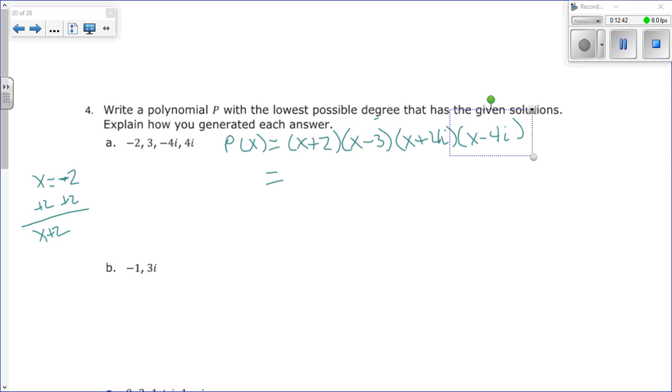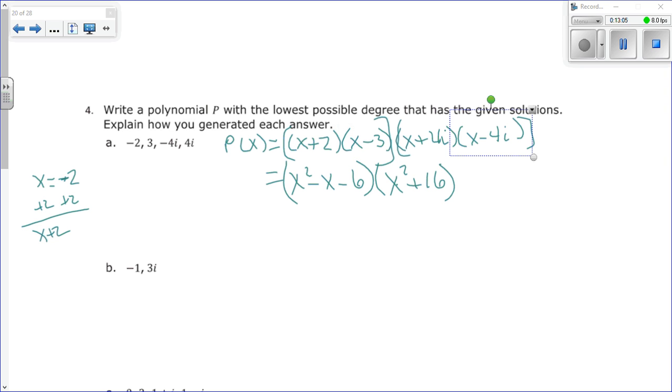So we're going to have to do a little bit of multiplying here. I'm just going to multiply these 2 together and then these 2 together, the real ones and the imaginary ones. This will give me x squared plus 2x minus 3x, so minus x minus 6. And over here, this is x squared plus 16.